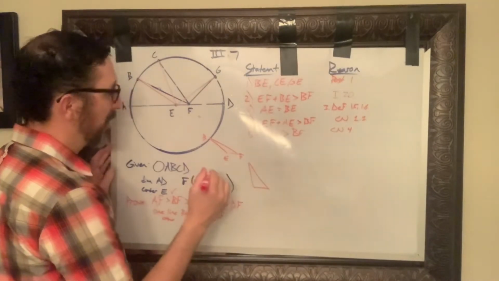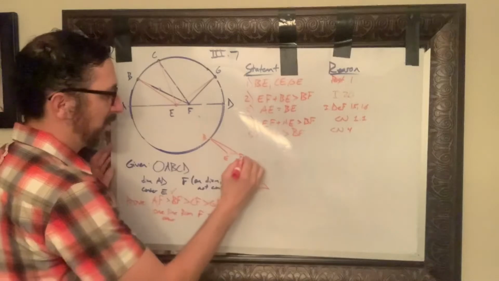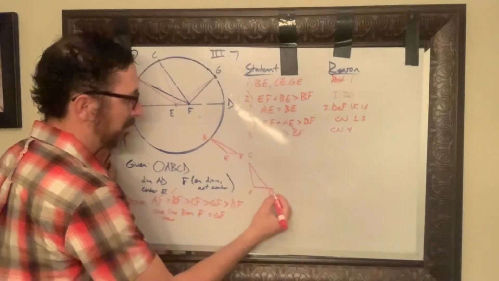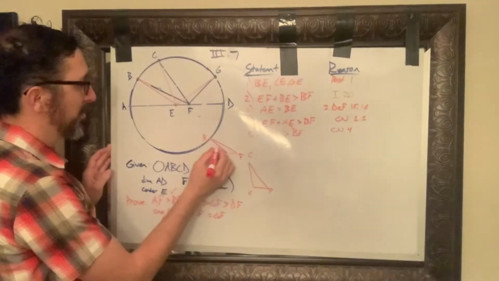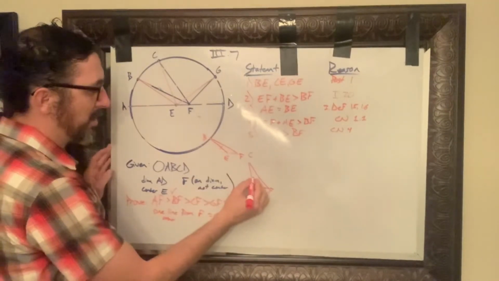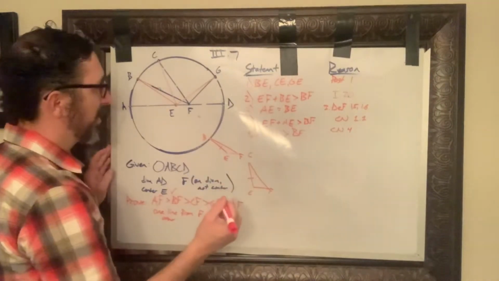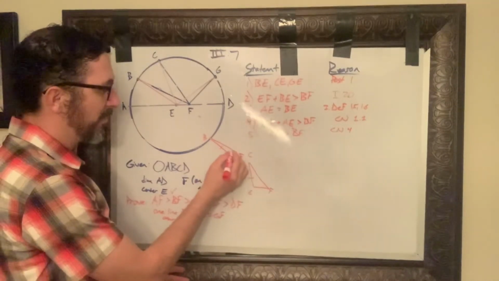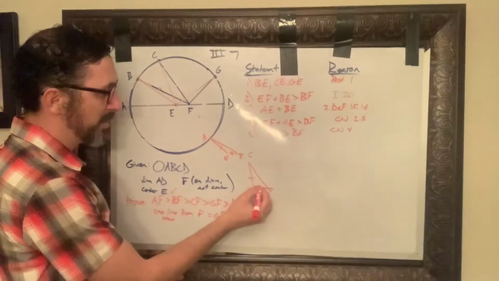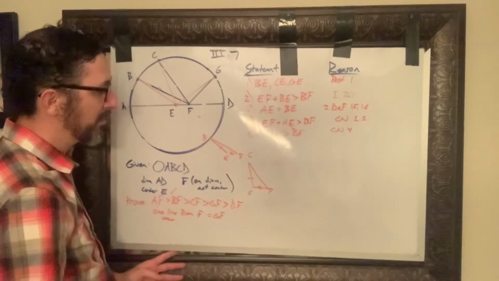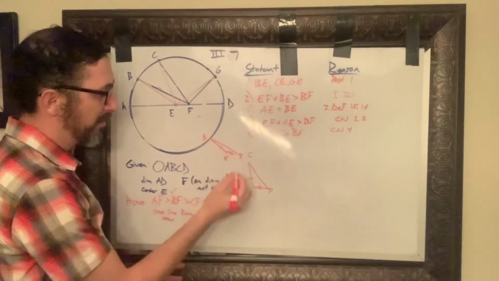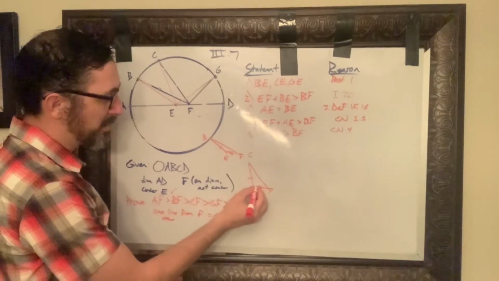All right. So in triangles BEF and CEF, I've got BE and CE that equal one another. That's because they're radii of the same circle. I've got EF common between them because it's the same line. And then I have angle BEF is bigger than angle CEF.